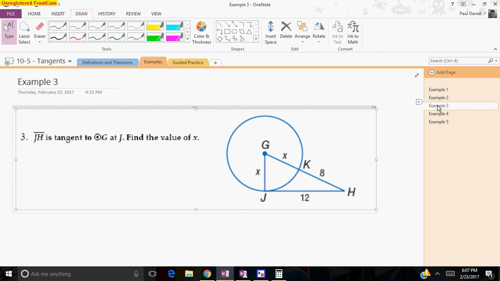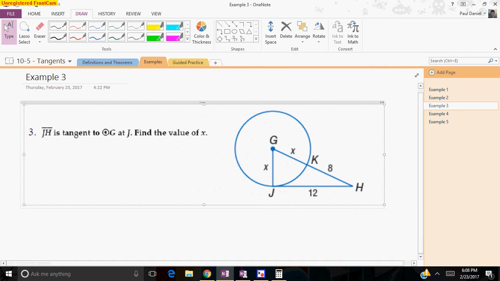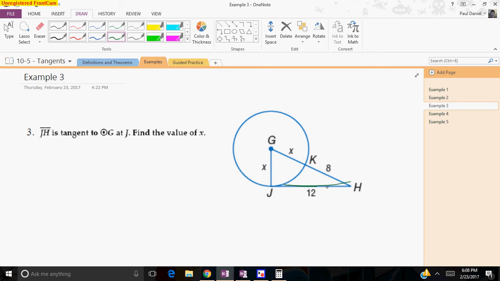Next, I'm told that this line JH is a tangent, okay? So I'm given that piece of information. I know that that's true, so I know that that right there must be a right angle. So I would like to find the value of x. What this tells me is that x plus 8, that's that big side, squared, must equal x squared plus 12 squared.